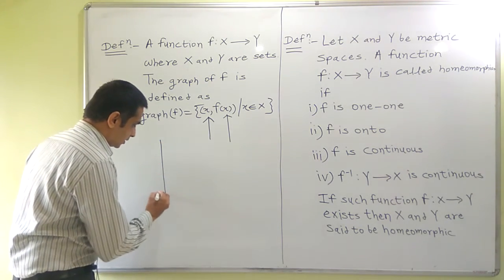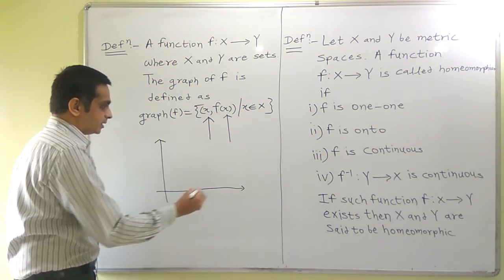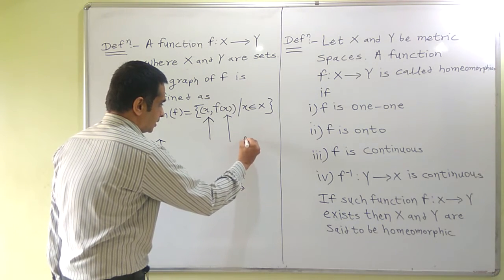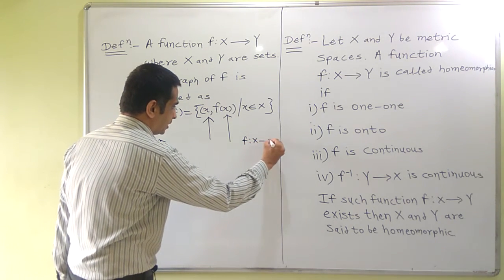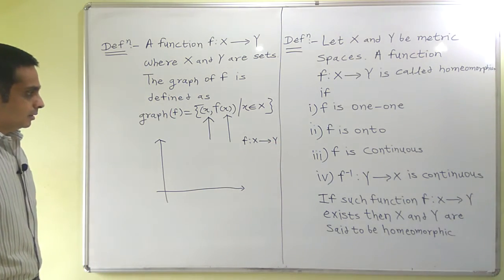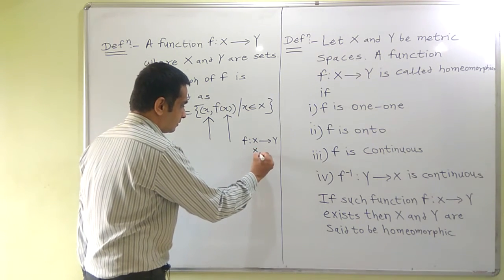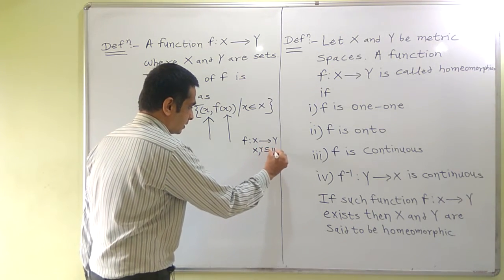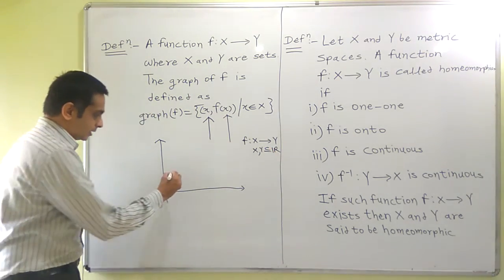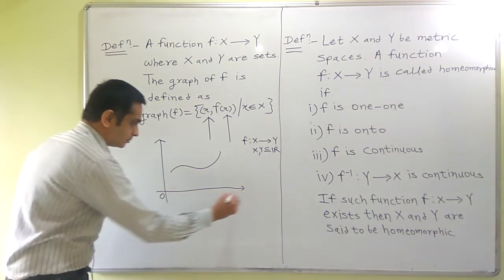Geometrically, you can visualize this if we consider a real valued function of real variable, that is a function f from X to Y where both X and Y are subsets of R, so pre-images and images are real numbers. Then we can visualize the graph of f in this fashion.